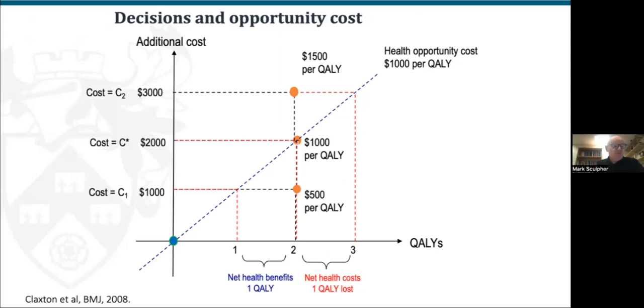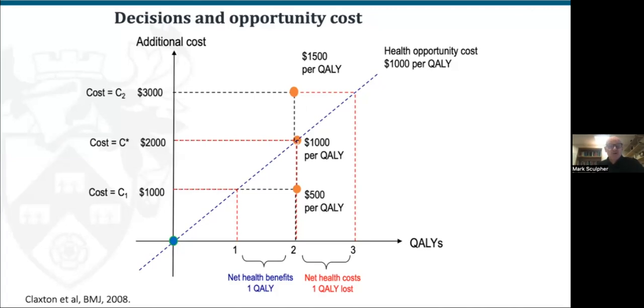So the WHO, for example, for many years linked this quantity to the GDP per capita of a country, and used the rule of thumb that between 1 and 3 times GDP per capita was a suitable so-called threshold.